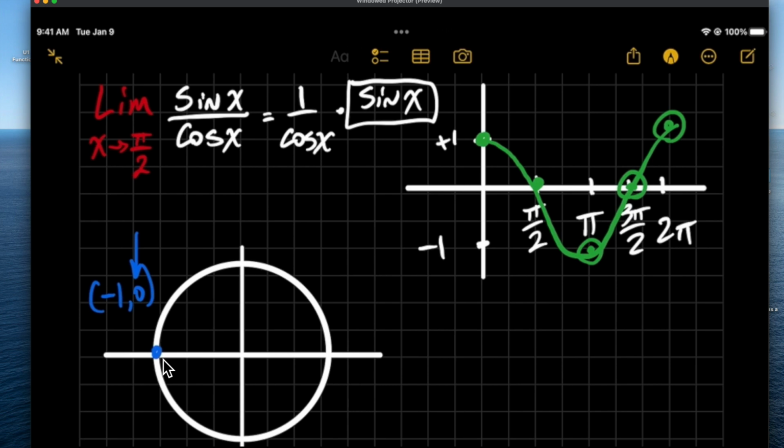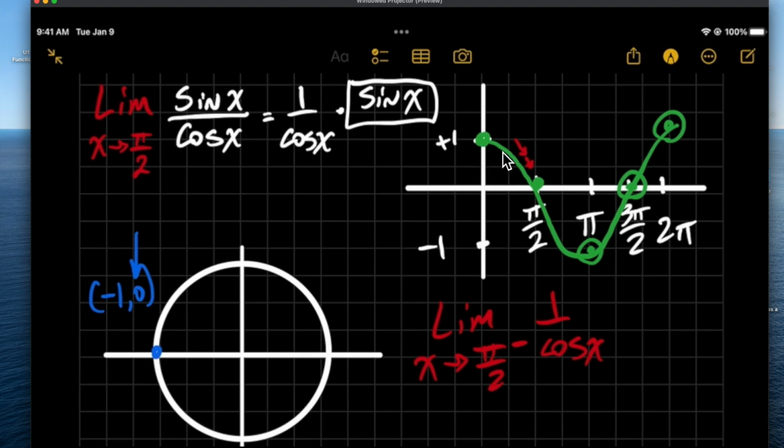Okay, now let's focus on this pi over 2, because after all, that's our limit. Now, as x approaches pi over 2 from the left, we're looking at the limit as x approaches pi over 2 from the left of 1 over cosine of x. What's happening to the cosine of x? We're going in this direction.